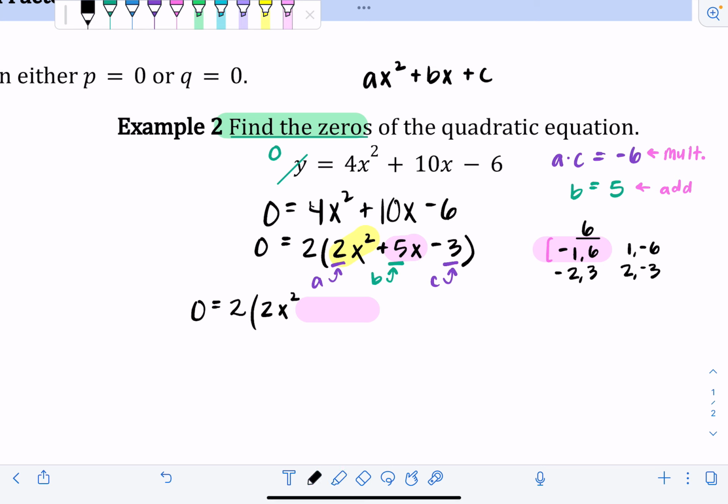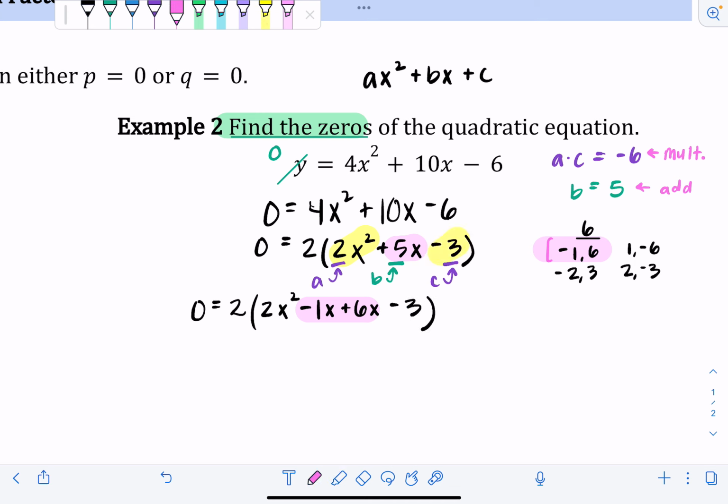It doesn't matter the order that we put them in. So I'm going to do a minus 1x, and you can leave the 1 off if you want to, plus 6x. I took this combo that I found that multiplied to a times c and added up to b, like we said, and those became my new coefficients of x. And then I'm going to copy down this last minus 3 at the end.